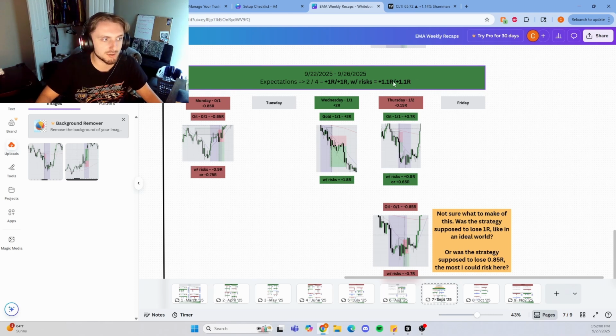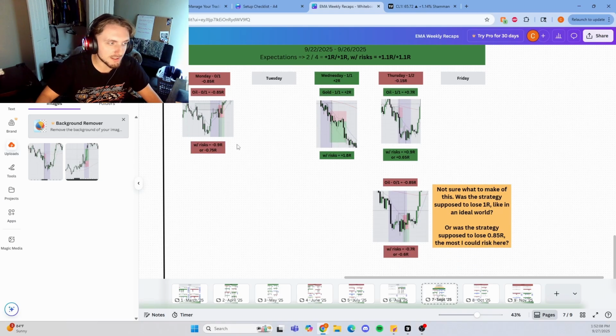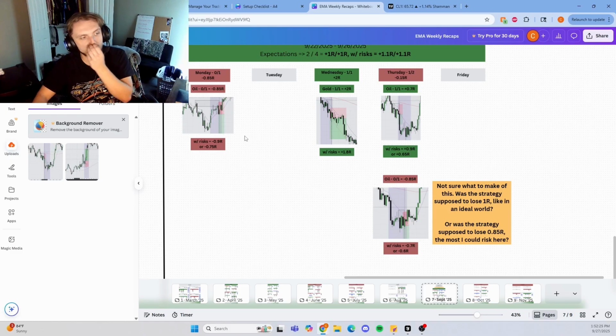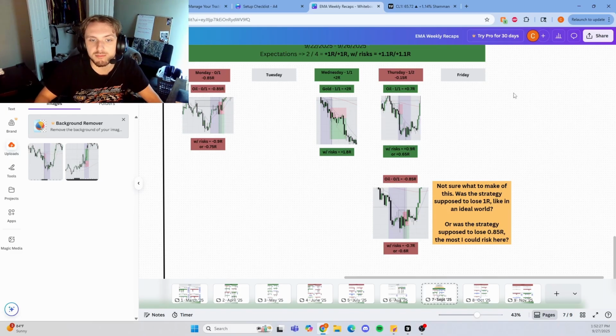So again, those numbers are the same. It's just how the dice were rolled this particular week. You lose a little less on the losers, and then you make a little less on the winners, so it just kind of evens out. But for now, I just like keeping things simple as I'm creating these good habits, so I'm not using that dynamic risk system as of right now.